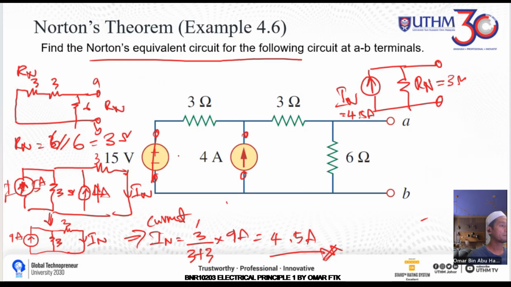So that means for the Norton resistor, you just do it like previously, but in order to find the Norton current, you have to do the source transformation.